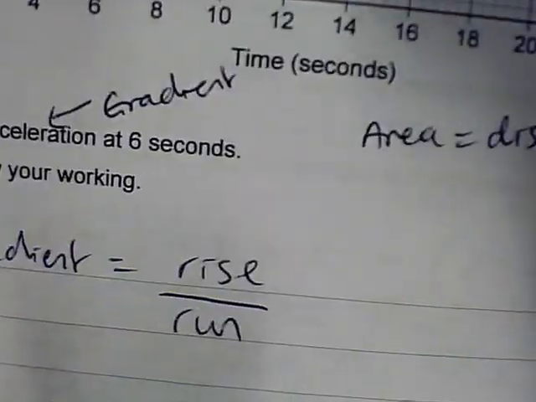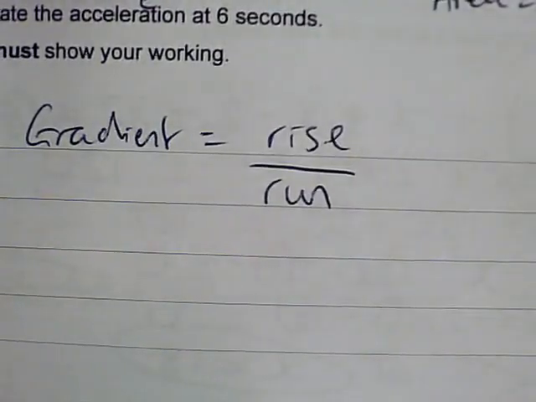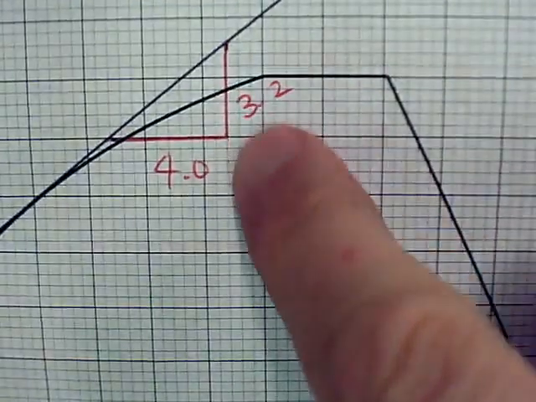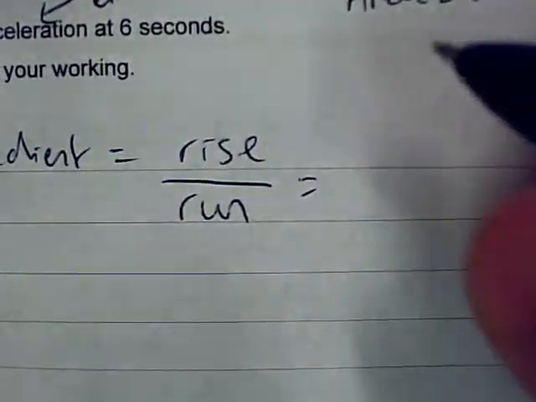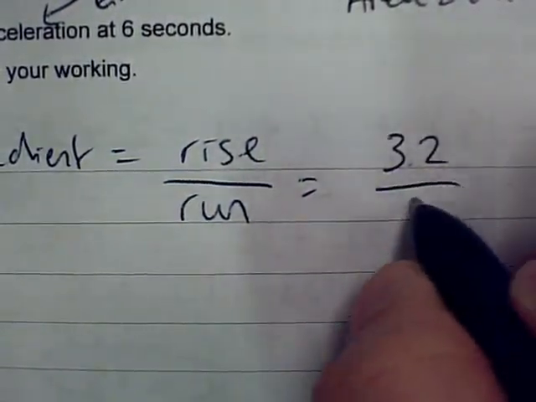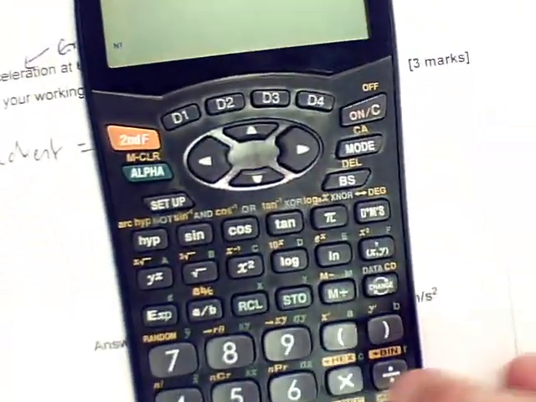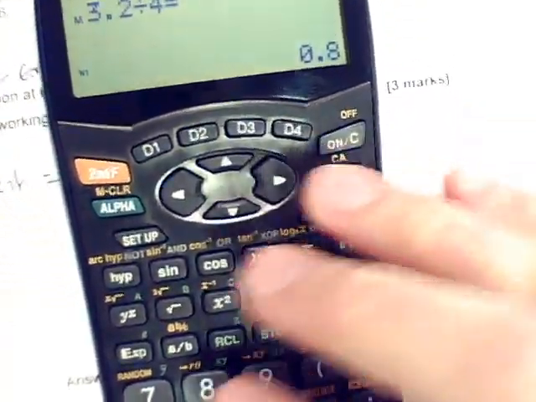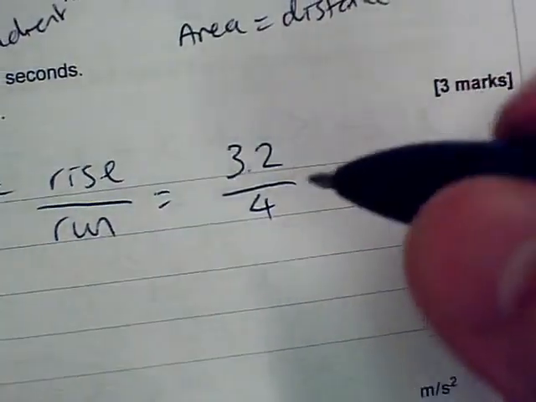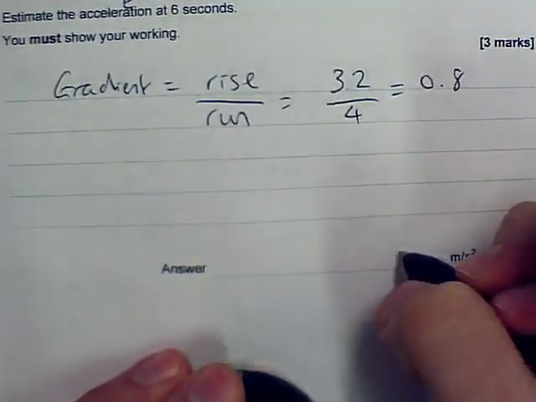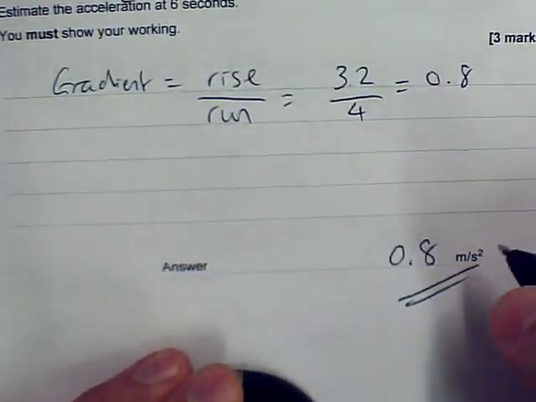Now using my formula, rise over run, my rise has gone up by 3.2 and my run is 4. So 3.2 divided by 4, and working that out gives me 0.8. So my acceleration at 6 seconds is 0.8 meters per second squared.